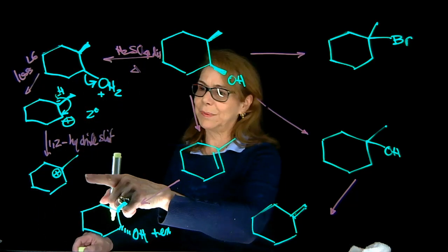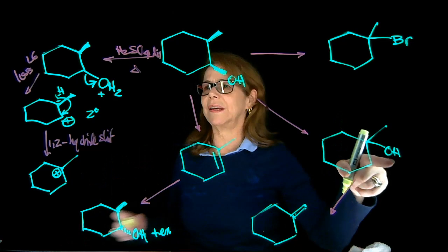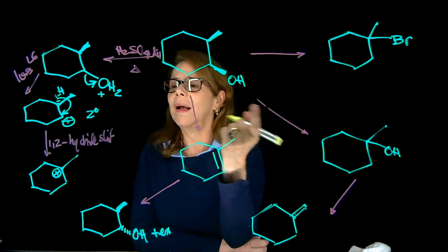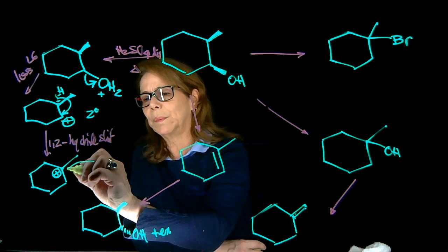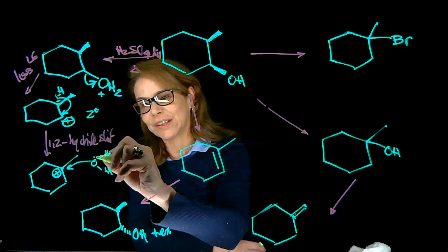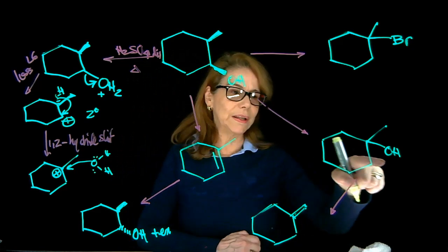At that carbocation, you will have the attack by water. Remember that in diluted acid, you have water. So the nucleophile here will be water under the acidic conditions that we have, and that will lead me to the product.